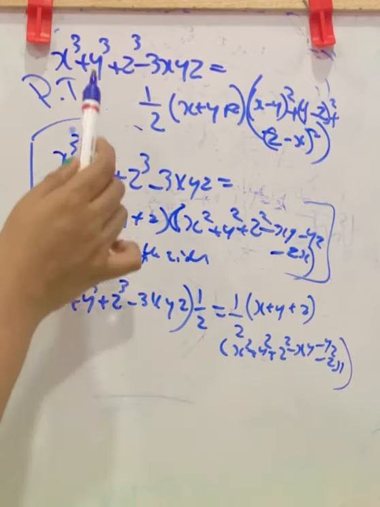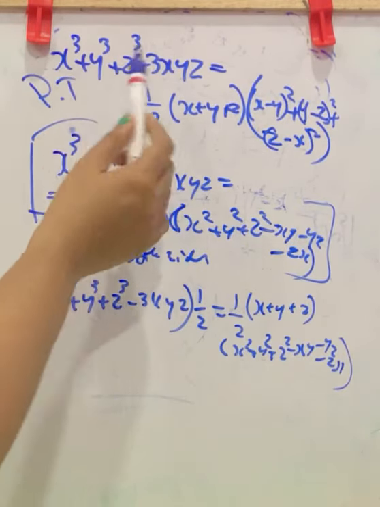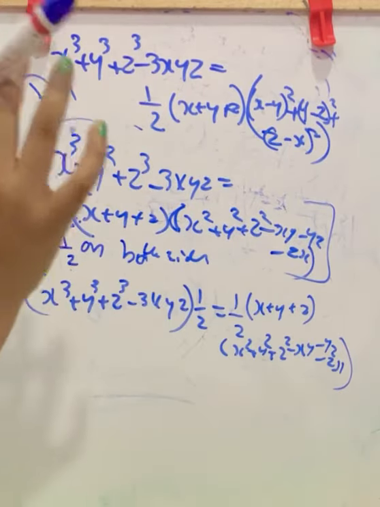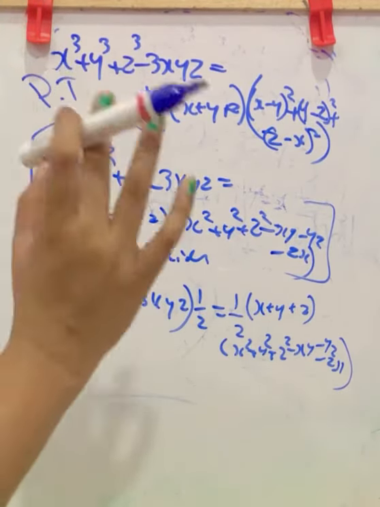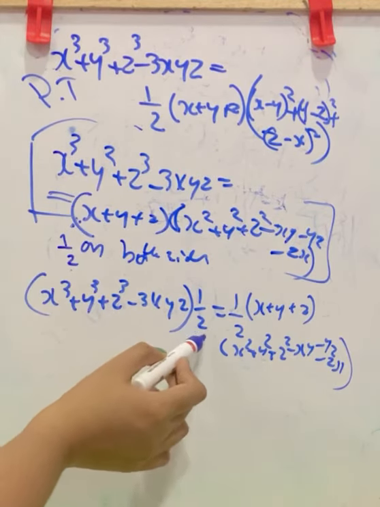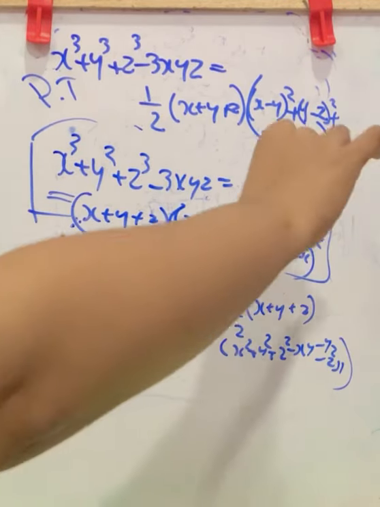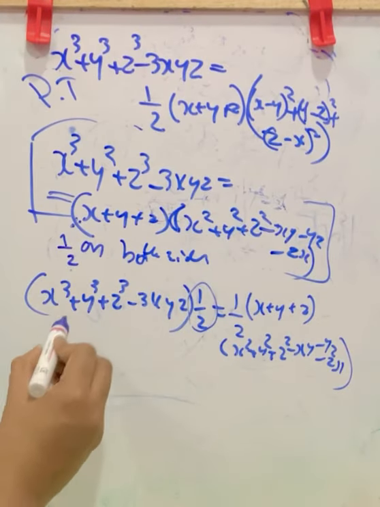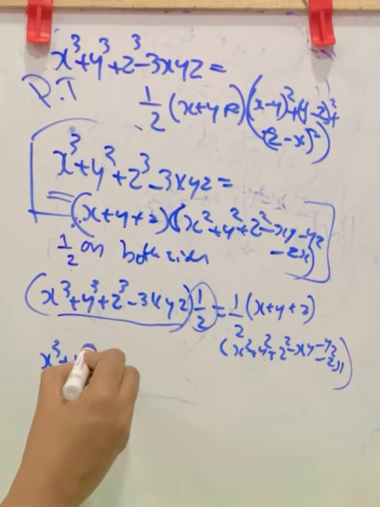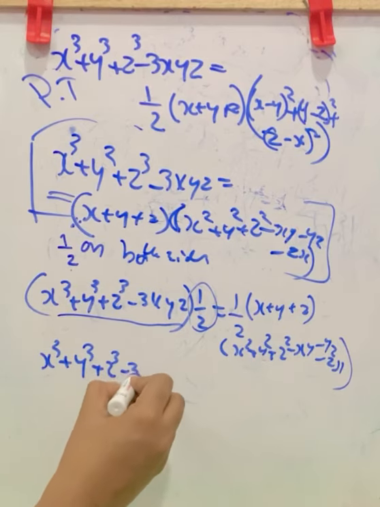So here in the LHS part in the question we have no 1 by 2, only RHS has 1 by 2. But we can't multiply the 1 by 2 with RHS only. That is why we multiply in the LHS also. But we can now take this 1 by 2 to RHS. So here we need only this term, x cube plus y cube plus z cube minus 3xyz, in LHS.